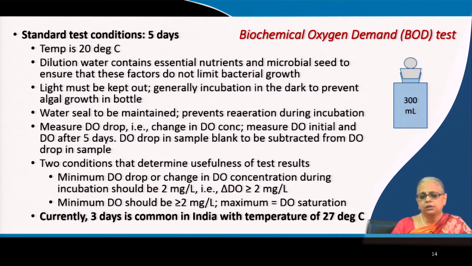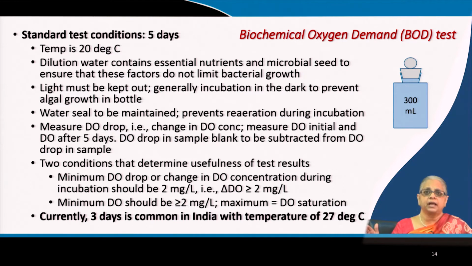This dilution water contains all essential inorganic materials. We have already gone through the law of the minimum, and in this case, we design our analytical methods to ensure that these tests are carbon limiting only.